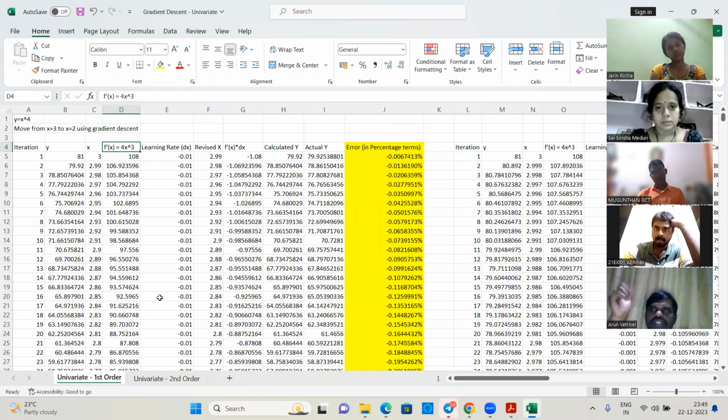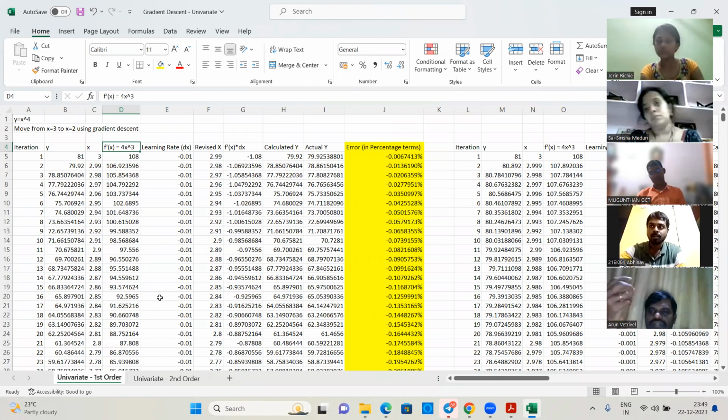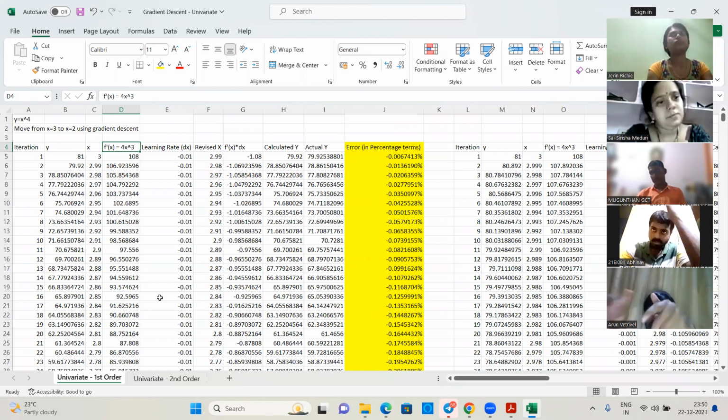Easy. So when you're doing the partial derivative, it is like doing it 2 times univariate, right? That is what it looks like. Exactly. Correct. That's one way to look at it. But in real world scenarios, the dependent variable will be influenced only when both of these are actually acting, right?